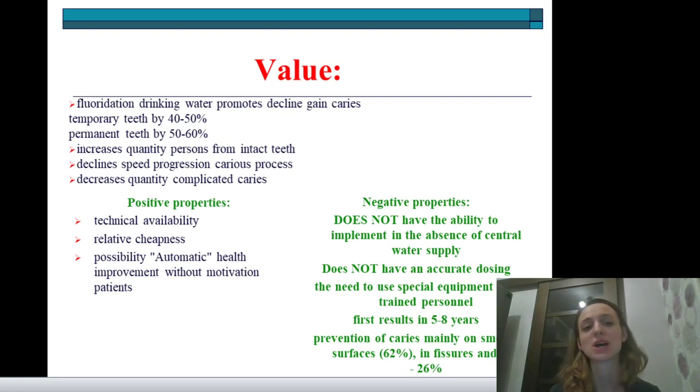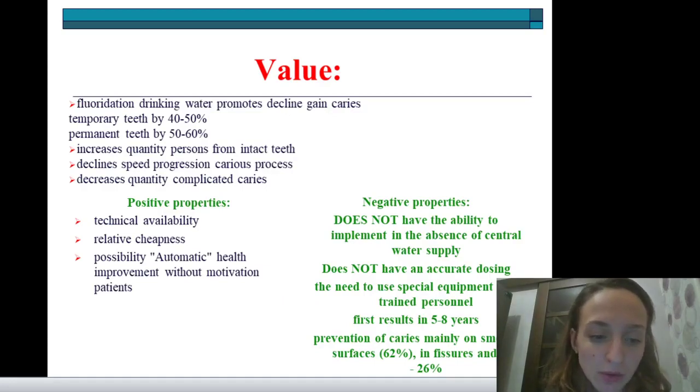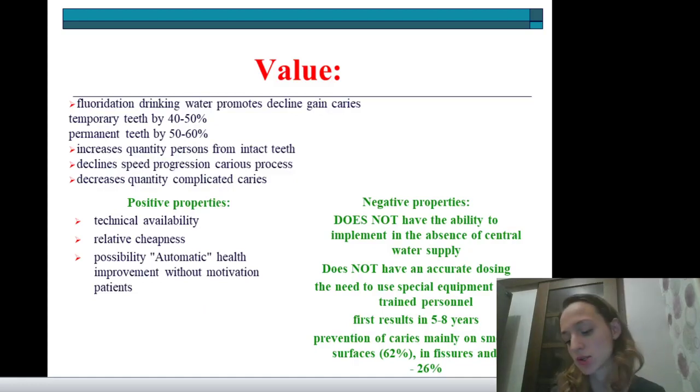Of course, we should speak about advantages and disadvantages. For positive properties, we should learn about technical availability, relative cheapness, and the possibility of automatic health improvement without motivation of the patient.